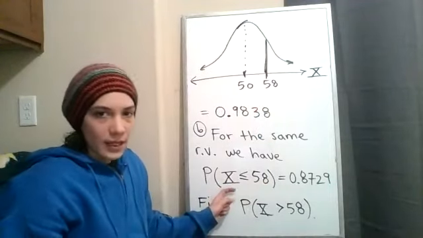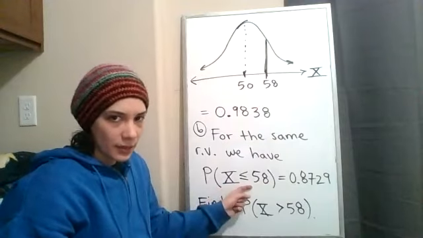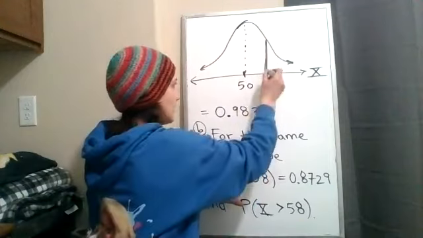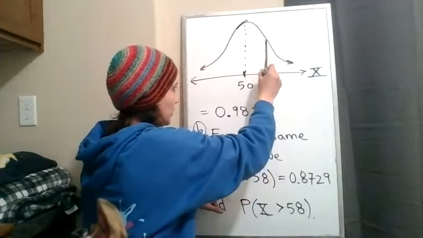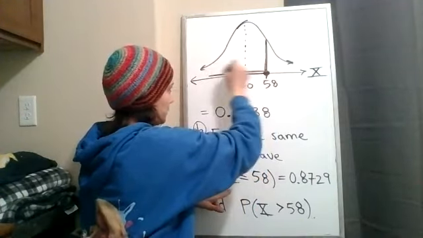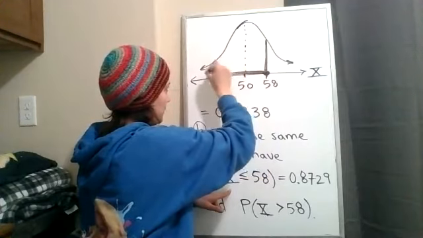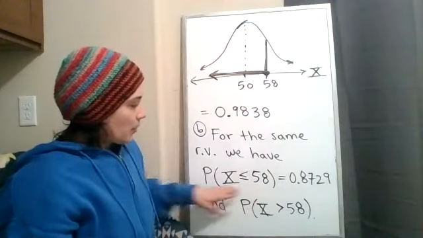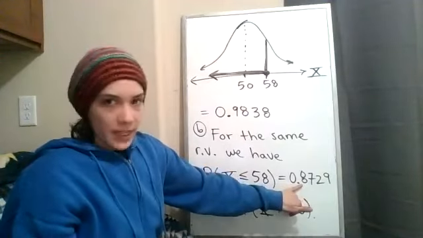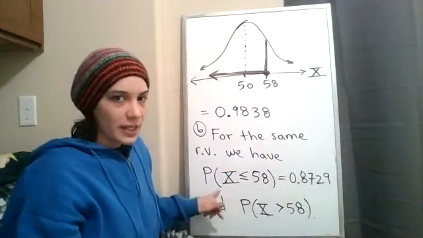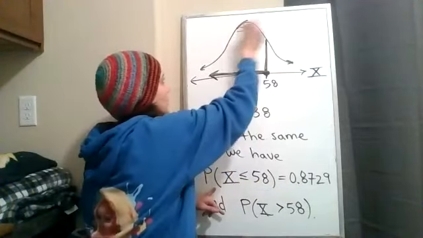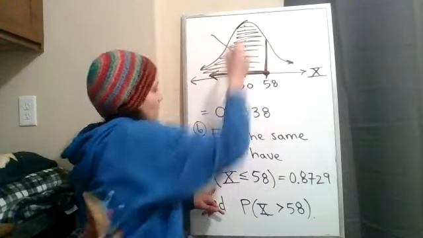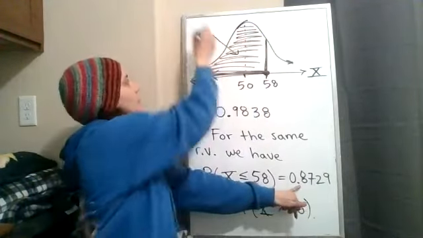Okay, so we know that x less than or equal to 58, going to 58 and values that are less than or equal to would be this way, has a probability of 0.8729. The probability is the area under the curve above that interval, and we're told it's 0.8729.